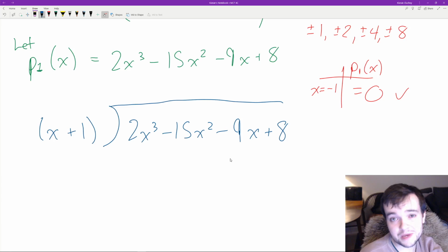That might be a shortcut for some questions on an assignment or a test, but in general, if you're trying to factor any polynomial, you might have to go all the way up to 8 to guess. So it would be good and maybe efficient if you made a table of values for this polynomial, and then you would be able to come out with factors a little quicker if you have to go this far along. Always start with 1 though.